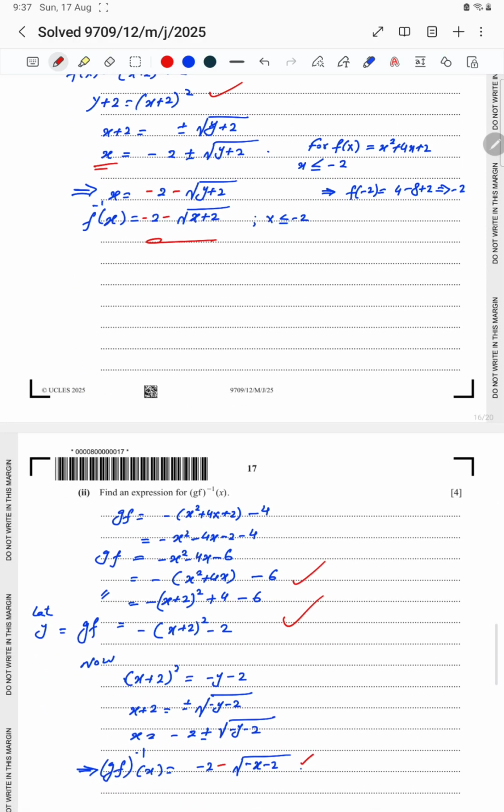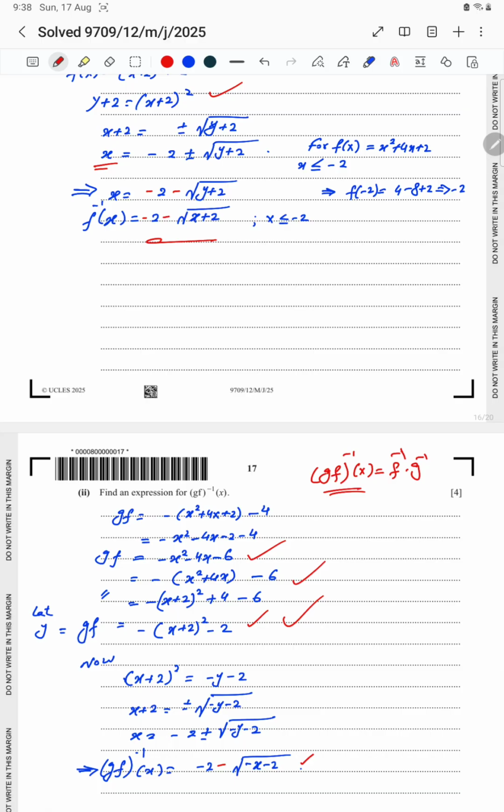And for part 2, (g f) inverse of x, we have two approaches. (g f) whole inverse of x stands for f inverse times g inverse, either this or this. I first find the composite function g of f, and I get this one, and then I wrote it in completing square form to get g f like this.